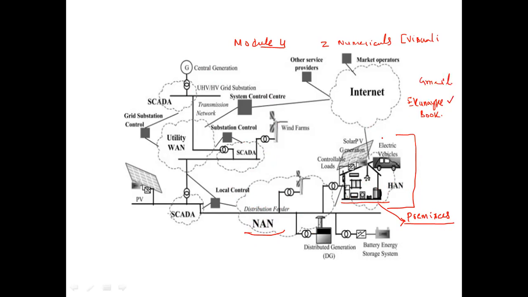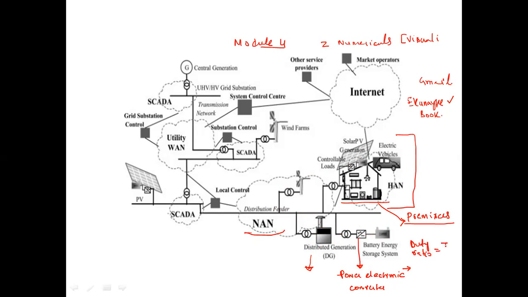From here, this is the generation part, distributed generation. Here you are seeing the power electronic converter. With this power electronic converter, by varying its duty ratio, you understand duty ratio?